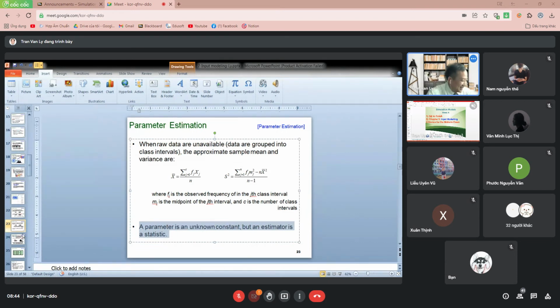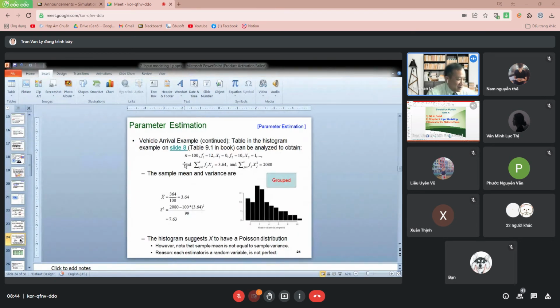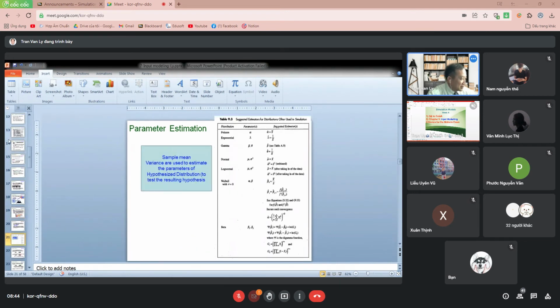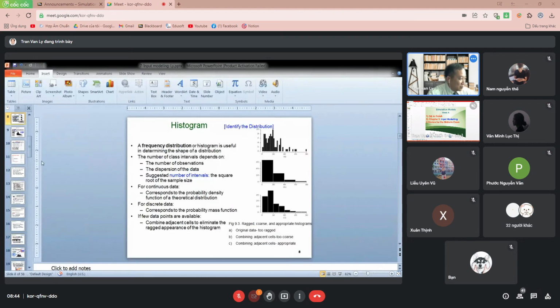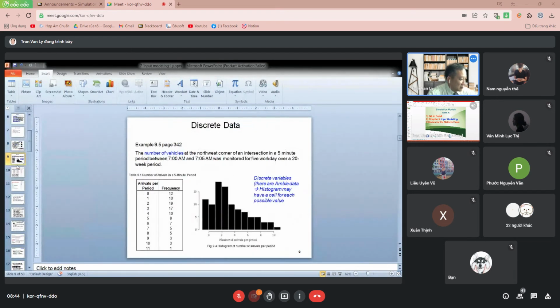So now go to an example. An example before, in slide number 8. Slide number 8, you remember here we have data. You collect arrivals of vehicles at one corner every 5 minutes.